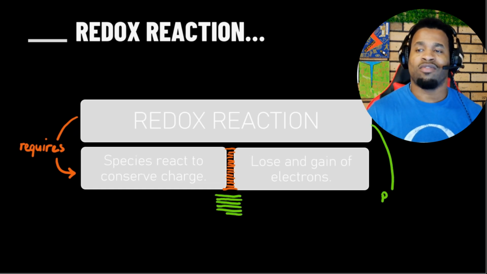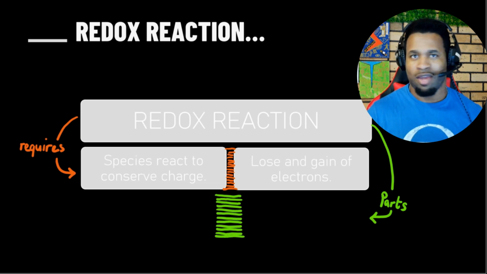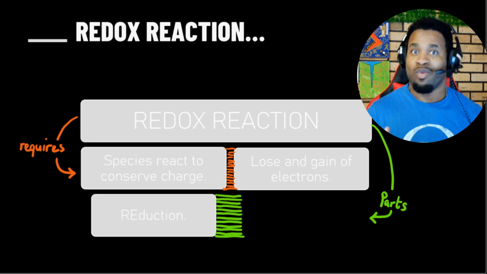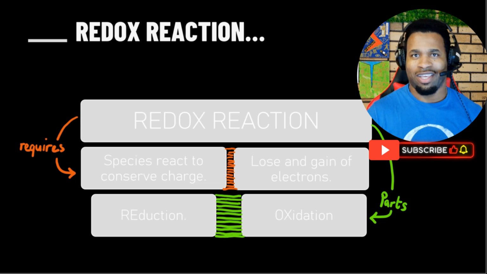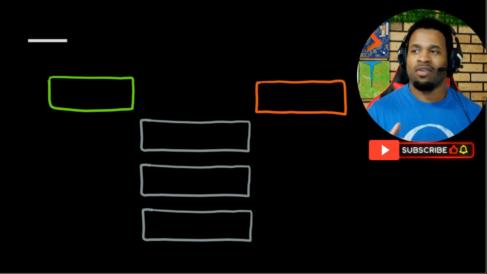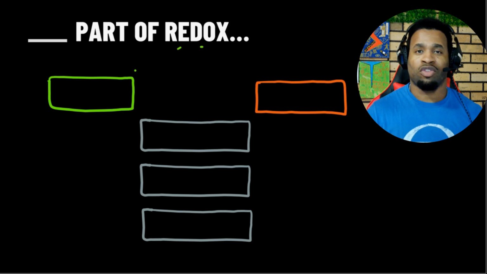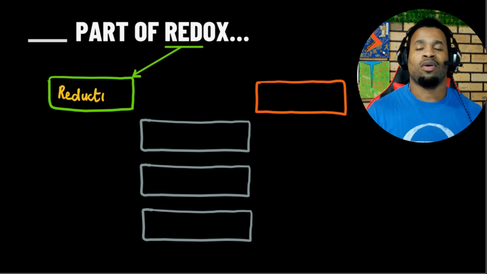Now, the next part is what makes up a redox reaction, and the parts are reduction and oxidation. When we look at the parts of a redox reaction, we establish what reduction means and compare it with oxidation.